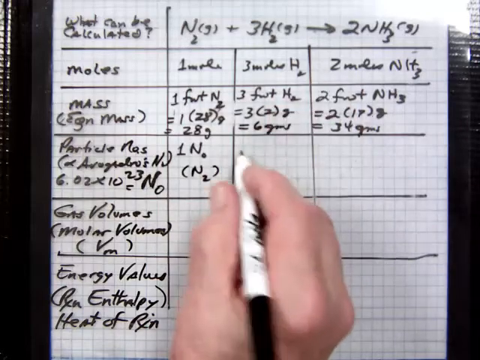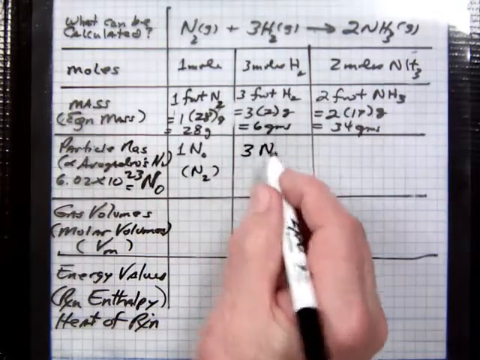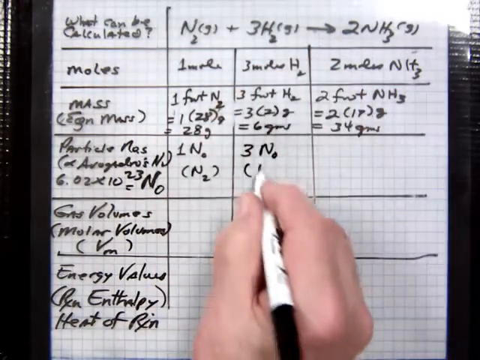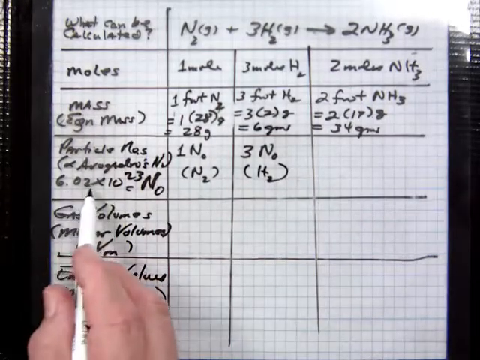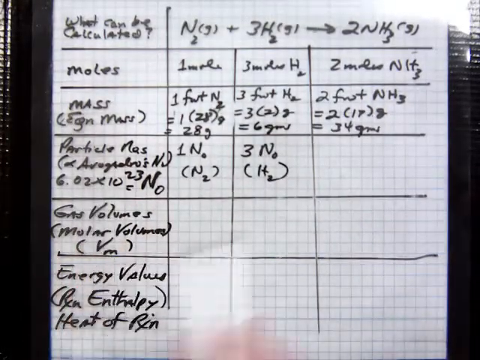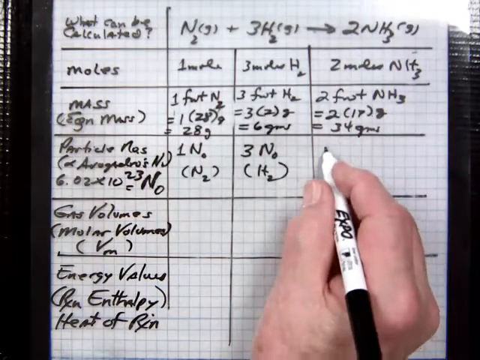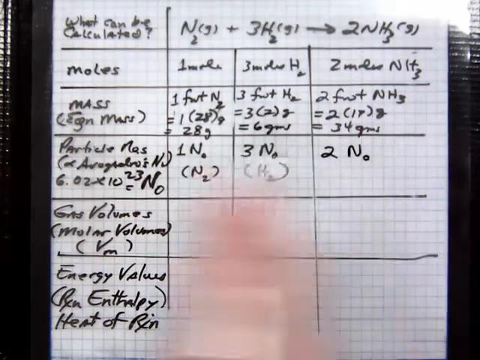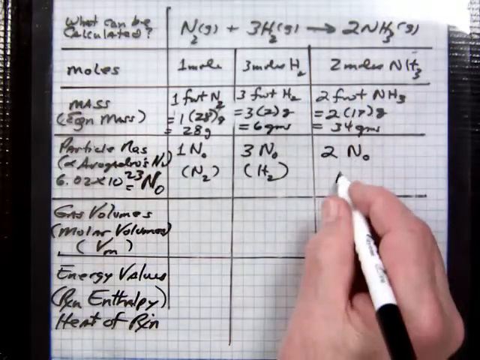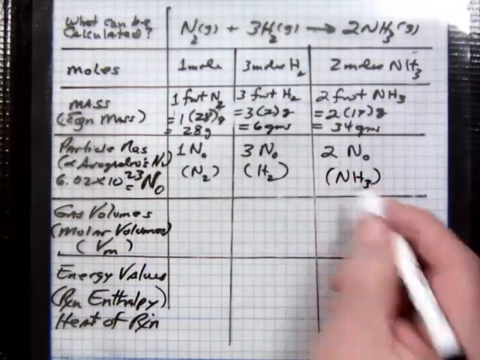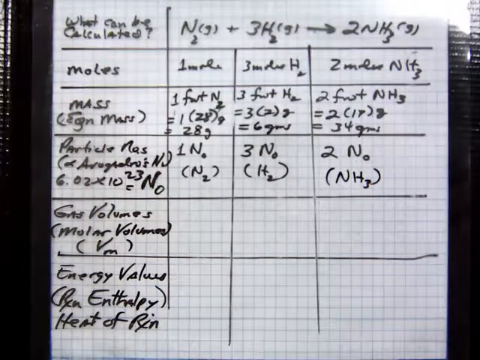Here I have 3 Avogadro's numbers of H2 molecules. Avogadro's number is still 6.02 times 10 to the 23rd. Many of you have heard of it. And ammonia. Here we have 2 Avogadro's number of ammonia molecules. 6.02 times 10 to the 23rd times 2.